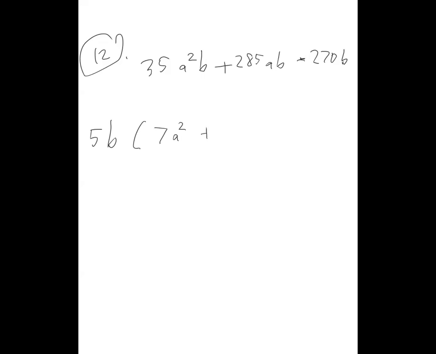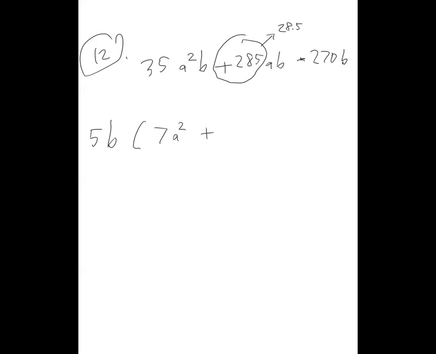And then what do you get if you divide 285 by 5? Should I give you a hint? Did you know that if you divide by 5, you can think of it like this? What would you get if you divided 285 by 10? You get 28.5, right? Now double that, you get 57.